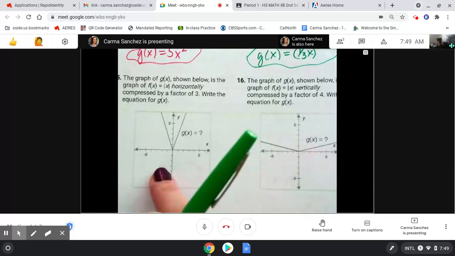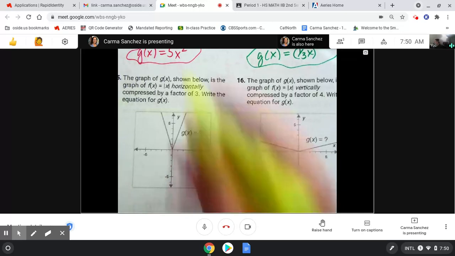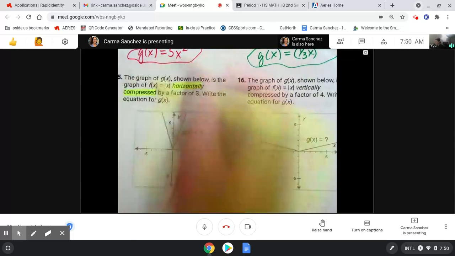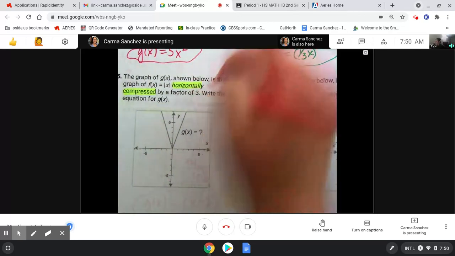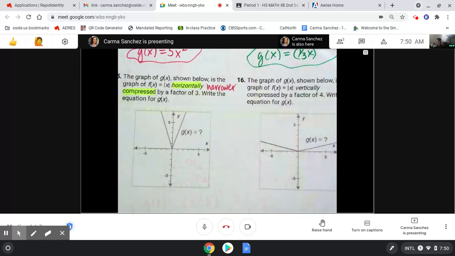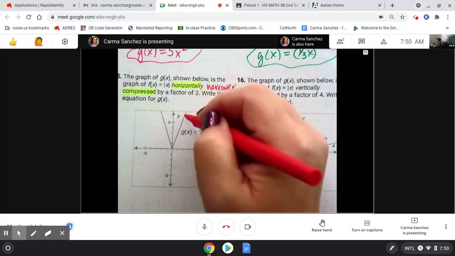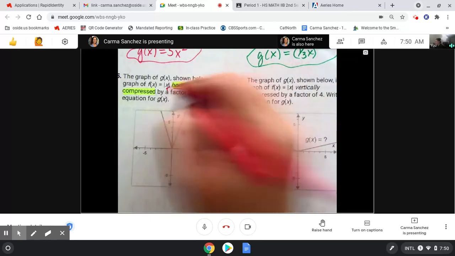Here's the absolute value function, the V-shaped graph. Same exact concept as what we just did. Horizontal compression is the same as vertical stretch. It's a narrower graph. So here's my narrower graph. And since it says horizontal, it's a change that's going to be happening inside the bars.